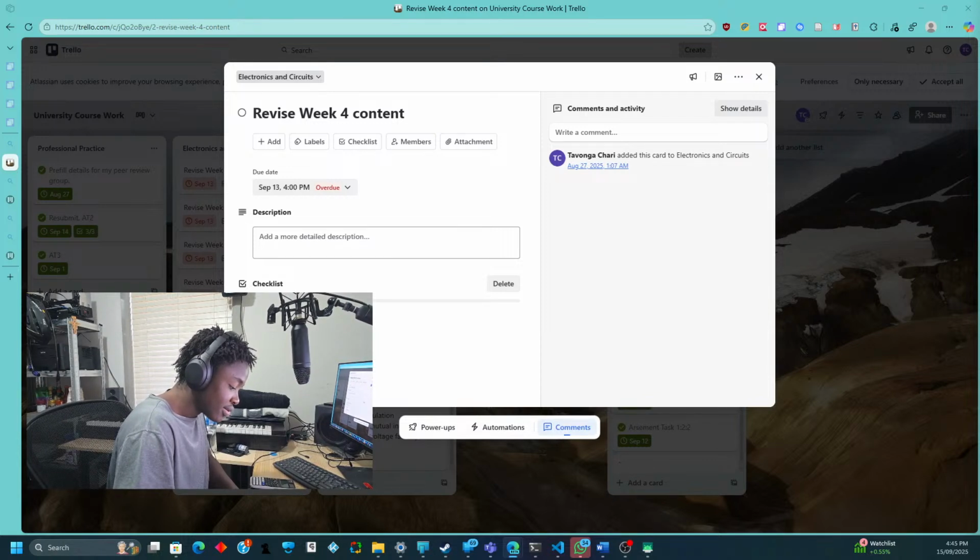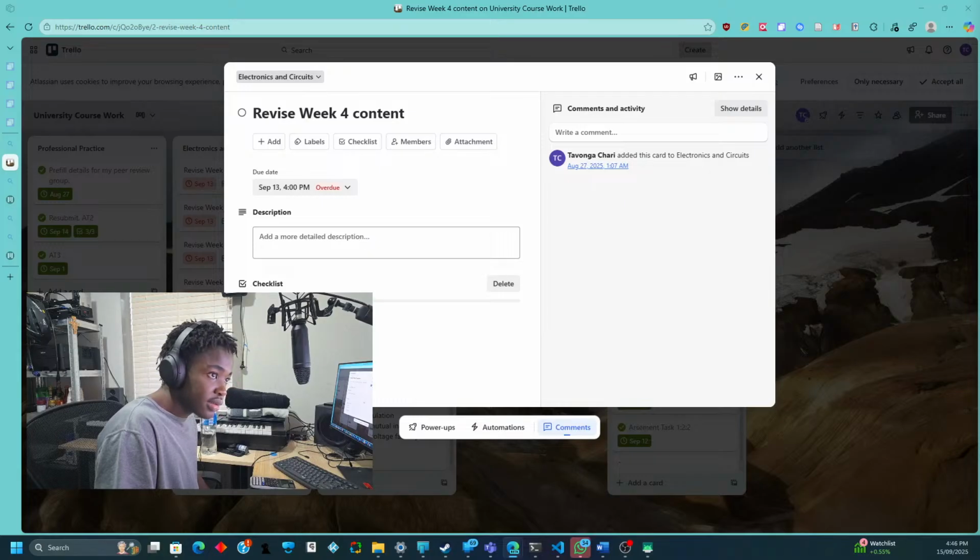Minus I1 is equal to (10 minus VA) divided by 5, plus I2.